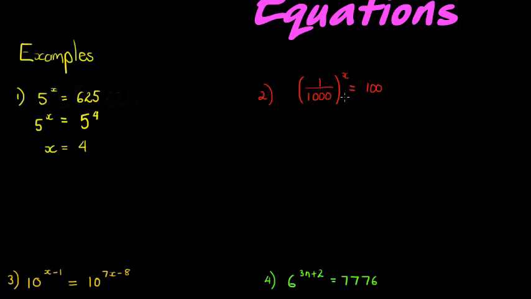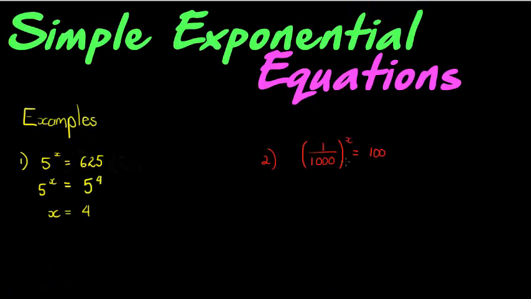Here we have, once again, two sides, a left hand side and a right hand side. We want the two sides to be the same, and what we're going to do is first of all prime the bases.